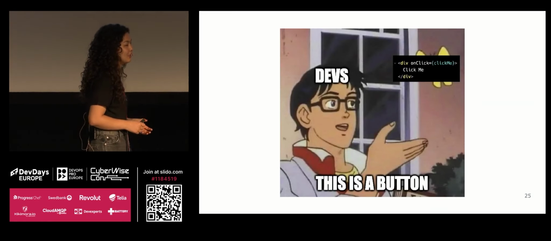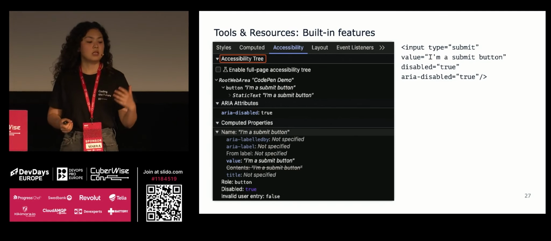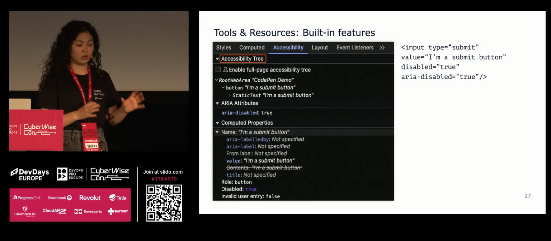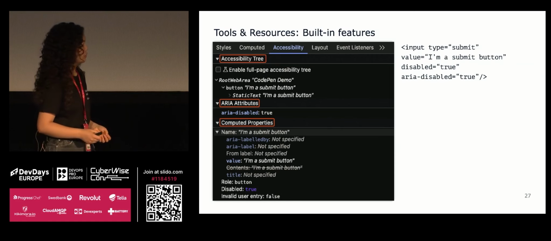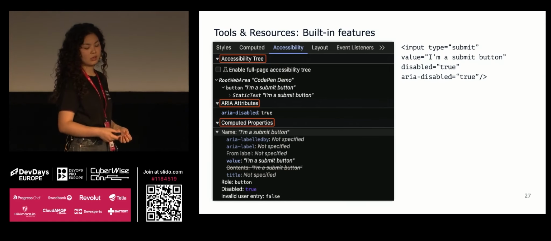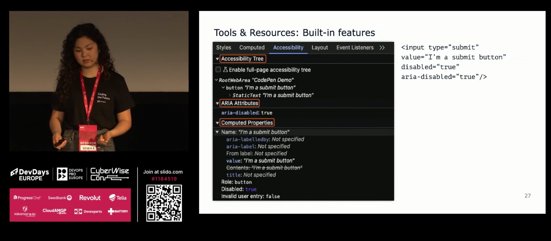And inside, you can find the accessibility tree, which is an accessible representation of your DOM tree. In this situation, I created an input type submit, which is basically a button. So you can see inside the accessibility tree, it says it is a button. I also passed an ARIA disabled attribute for the sake of example, so you can find it there. And inside properties, you can see the value and the disabled state and labels.